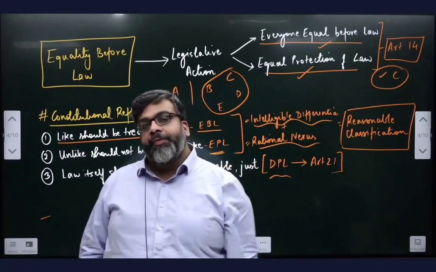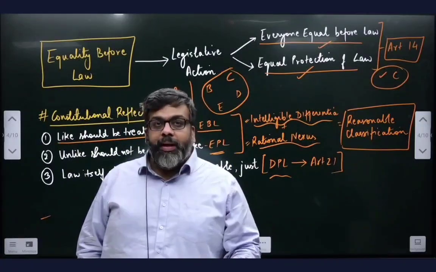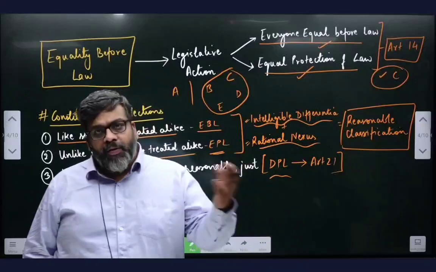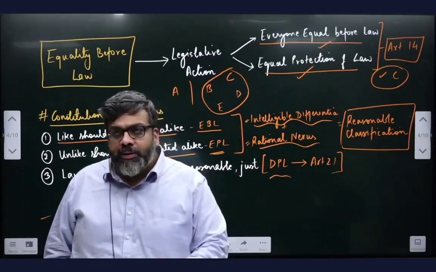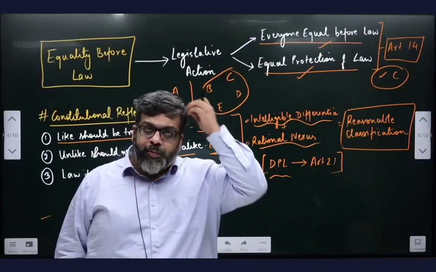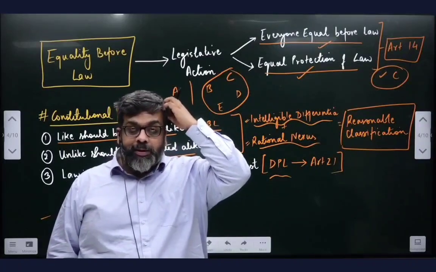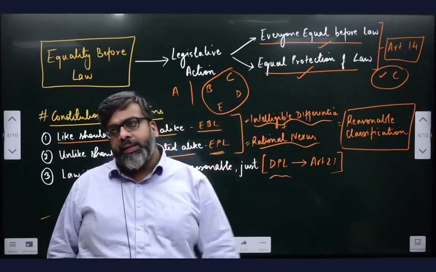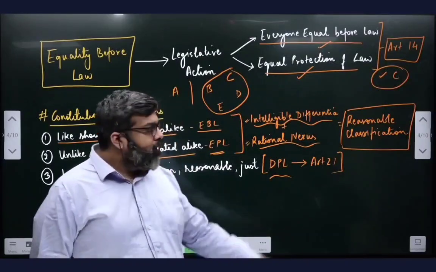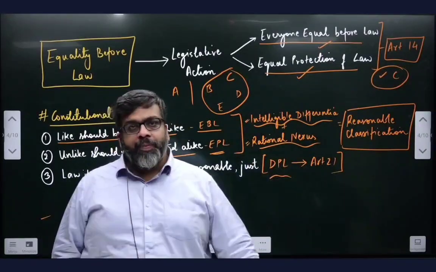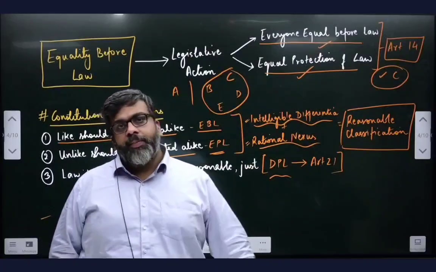It's a US concept, evolved and applied to India through the Maneka Gandhi case. Of course, the differences between due process of law and procedure established by law I will do in greater detail when we do preamble, rights, duties, directive principles. But from a concept point of view, I think this is something that we must know.